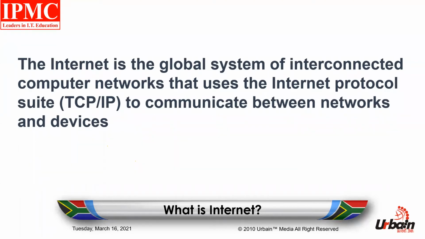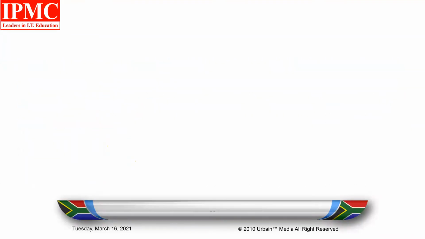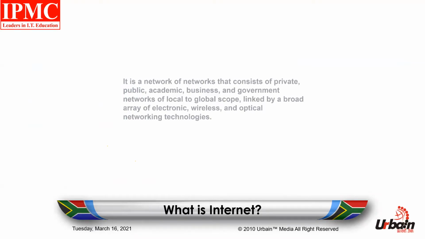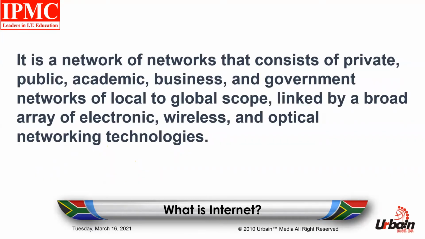That's what we're talking about, TCP and IP, because your computer understands what we call the IP address. And they use that to communicate between networks and devices. So that's what they use. And if you want to get something on the net, you need to have those things, the computer and that.